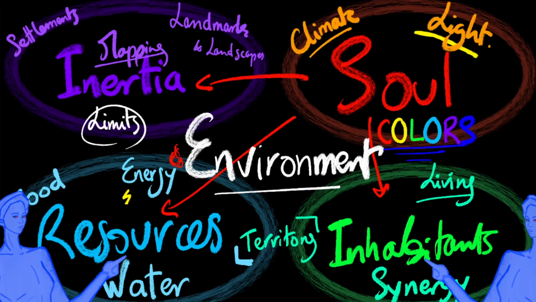So your living creatures will need resources in order to survive, and territory is the first resource they will need. After that, water, food, and energy if they even need it.